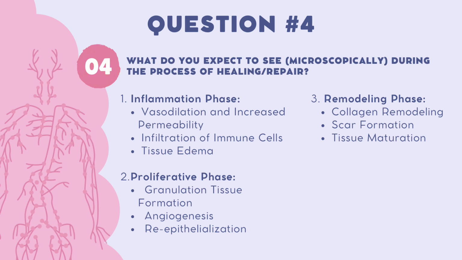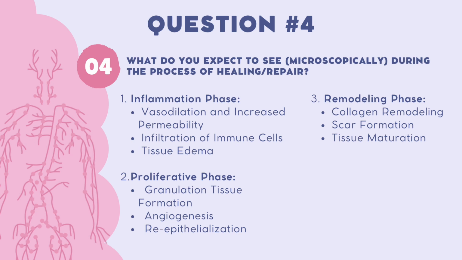Next one is angiogenesis, wherein new blood vessels are formed within the granulation tissue, supplying oxygen and nutrients to support tissue regeneration. And the last one for the second phase is re-epithelialization, wherein epithelial cells at the wound edges migrate and proliferate to cover the wound surface, sealing the site of injury.